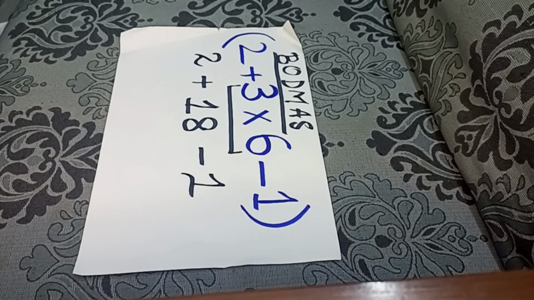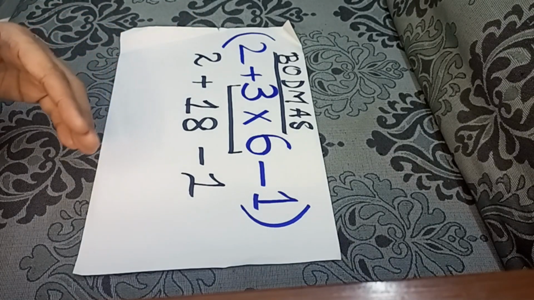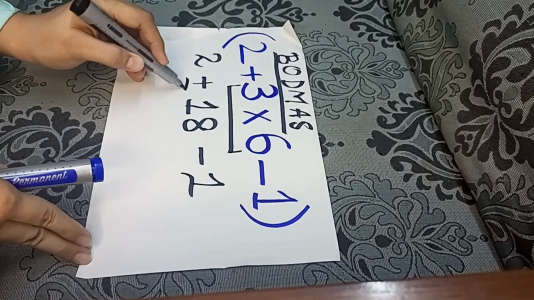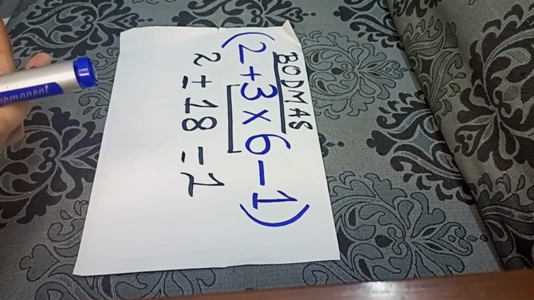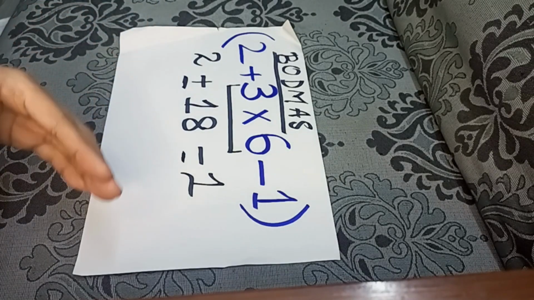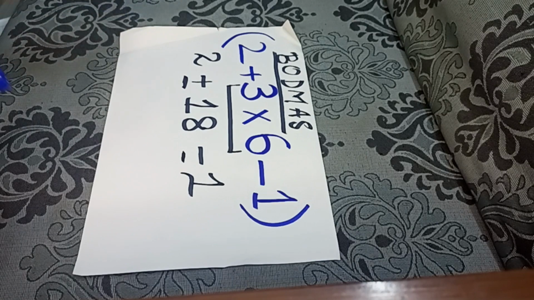Now we have addition and subtraction. Let me tell you one thing. When we have addition and subtraction signs in one equation, you have to start solving the equation from left to right. When you have just addition and subtraction, you have to start solving from left to right.